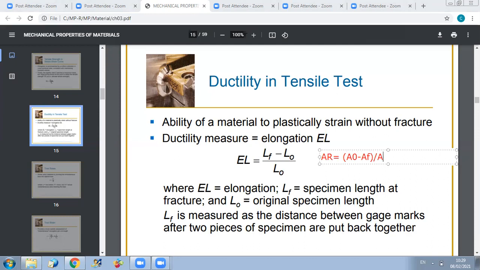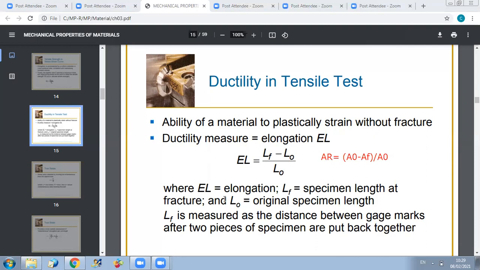These numbers will be different, but both are a representation of the ductility, because the ductility represents the ability of the material to plastically strain without fracture. As we said, we can talk about the ductility using several measures. One of them is the elongation, and the other is the area reduction. Because the higher the percentages of elongation and area reduction, the higher the ductility of the material.